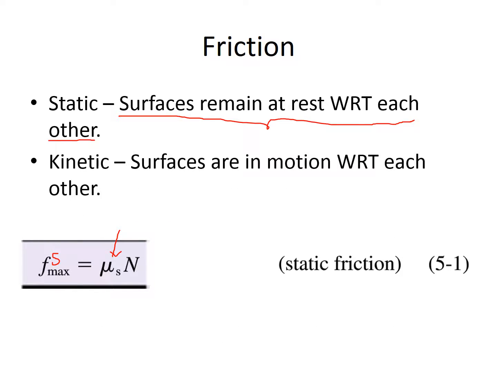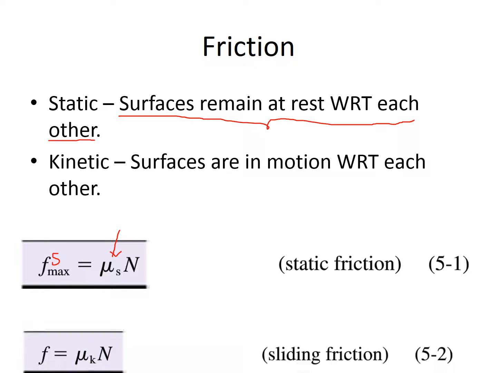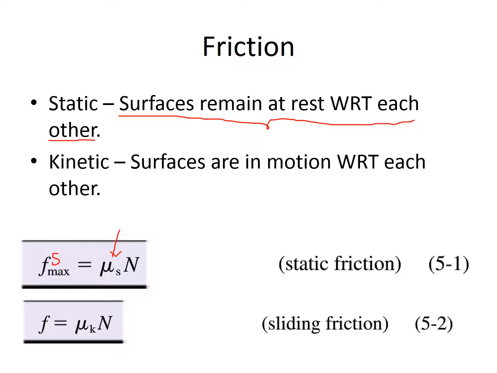Contrast that with kinetic forces, where the surfaces are in motion with respect to each other. And in that case, the kinetic frictional force, sometimes written Fk, is equal to mu k, the coefficient of kinetic friction, times the normal force.